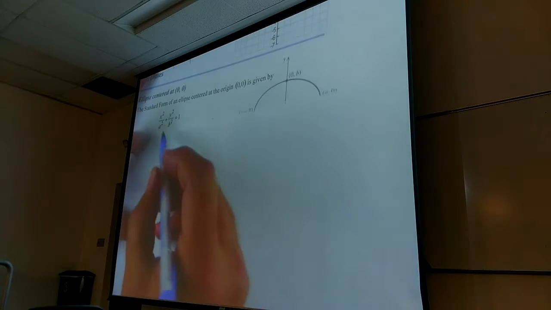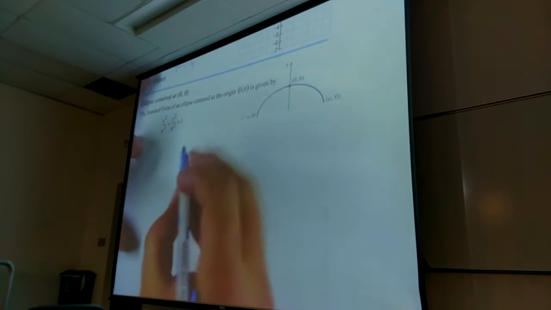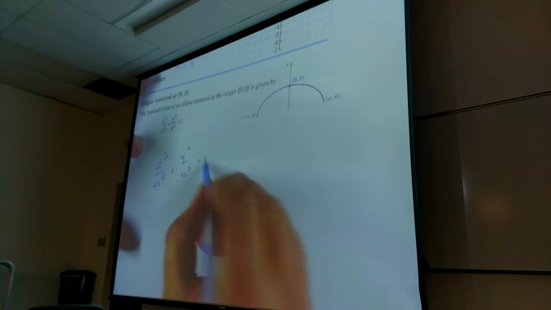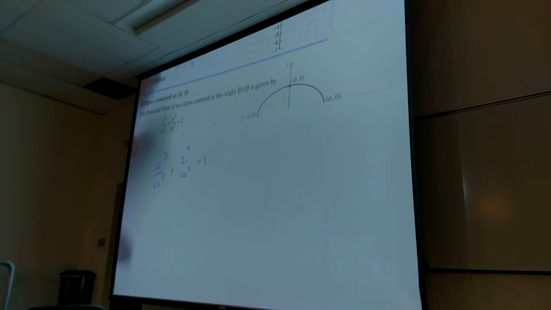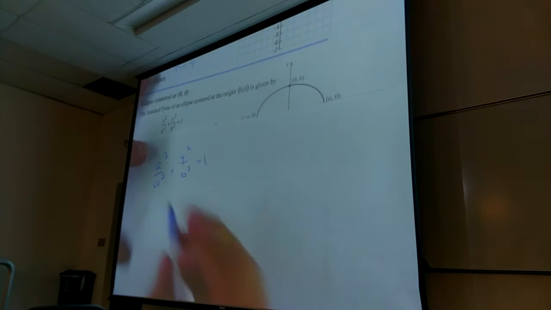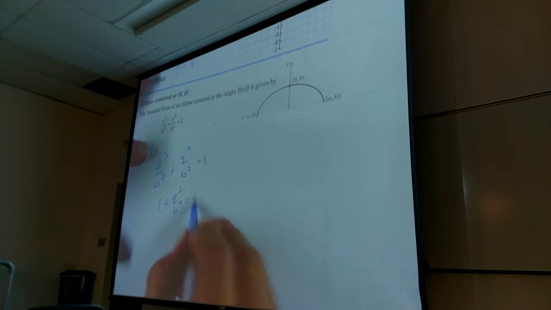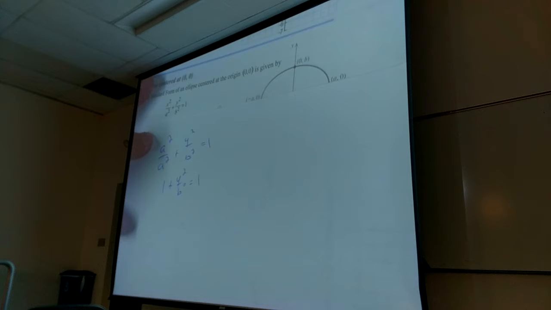If I plug an A in for X, this becomes A squared over A squared plus Y squared over B squared equals 1. I get 1 plus Y squared over B squared equals 1. Is that cool?